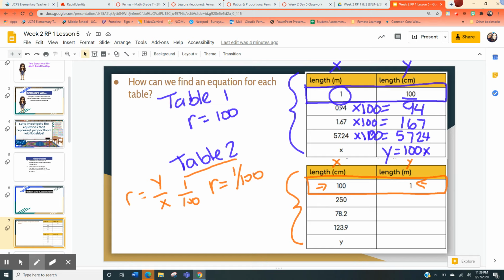250 times 1/100 gives me 2.5. 78.2 times 1 over 100 gives me 0.782.